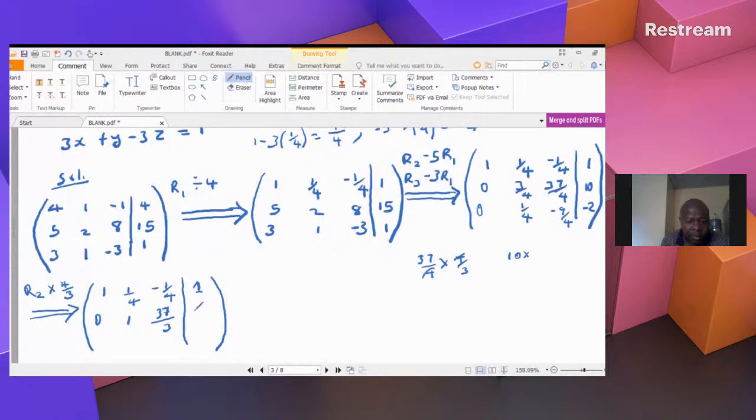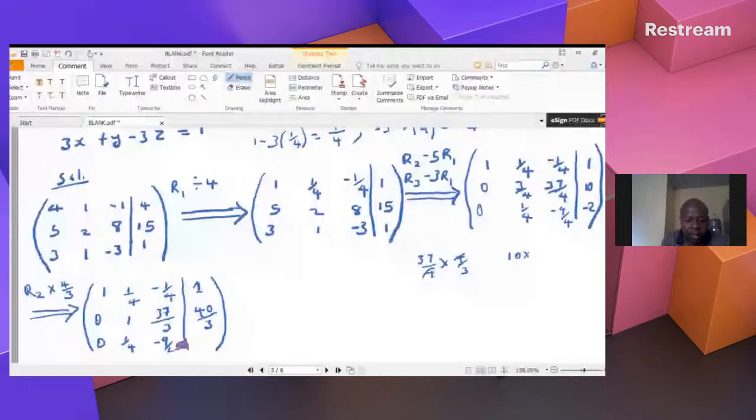That gives me 40 out of 3. And the other row, we've not touched it, so we just write it. Good.